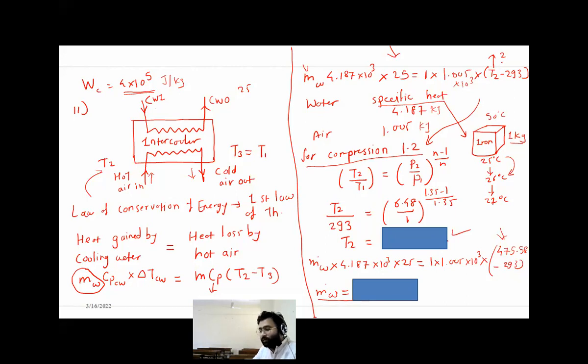Okay. So put this value of T2 into this energy balance equation, and then calculate the mass flow rate of water. So mass flow rate of water into 475.58 minus 293. From this calculate the mass flow rate of water. 0.147. Okay.